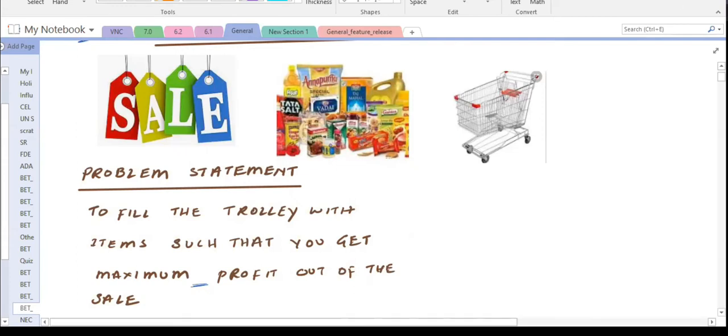So imagine it's hypothetical, it will not happen to you, but just for fun purpose, let's imagine that you get a chance to take an empty trolley, go to a supermarket, and you pick any item that you want. What will you do? What will you do if you are put in the situation?